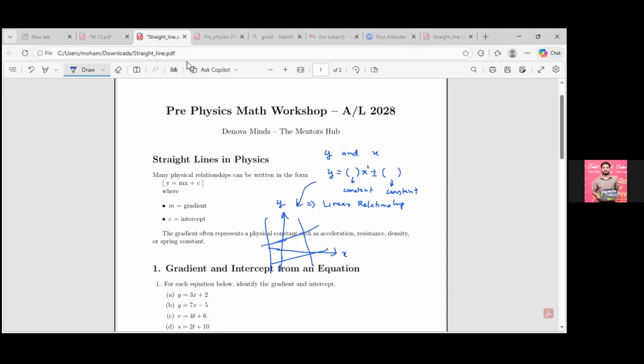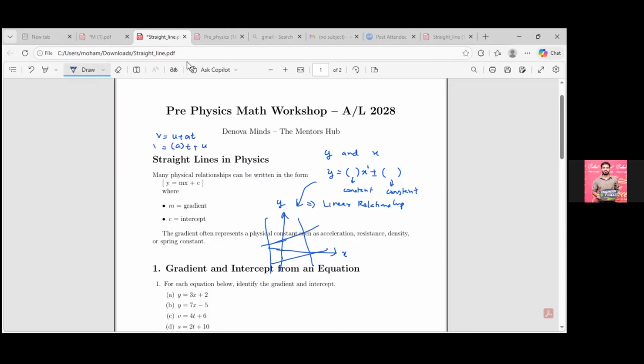So for example, we can take a relationship like v equals u plus at. So v equals u plus at. I'll take a times t plus u.